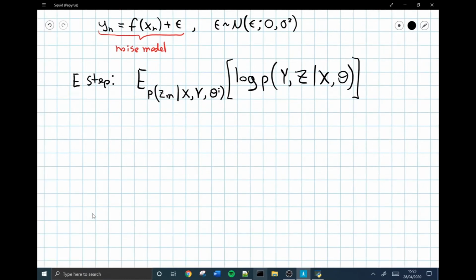so just as before, let's say we're going to start by working out what this posterior distribution over Zm can be. And we're going to do that by writing Bayes' theorem.